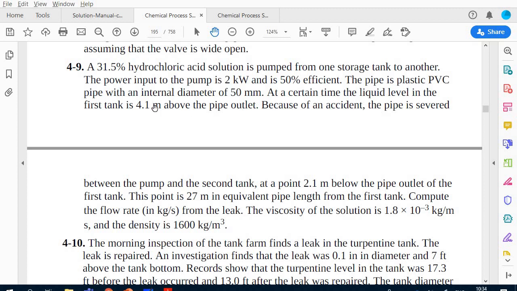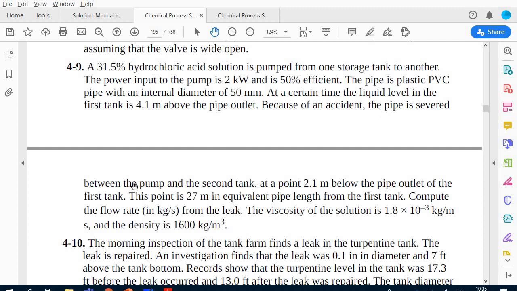Okay, what else? The pipe is a plastic PVC pipe with internal diameter 50 millimeters. If we know it is PVC pipe, we can identify the K1 and K infinity for the friction factor. At a certain time, the liquid level in the first tank is 4.1 meter above the pipe outlet.